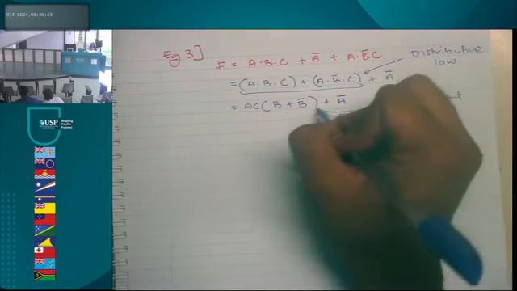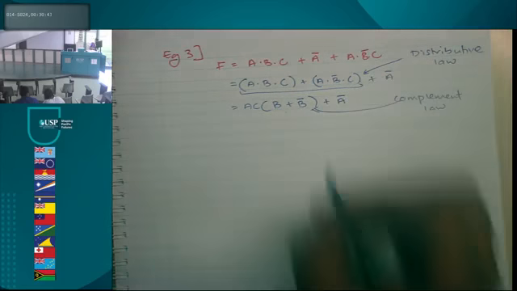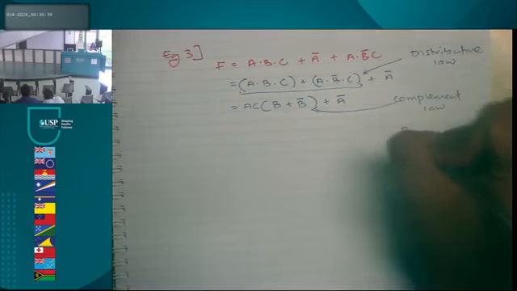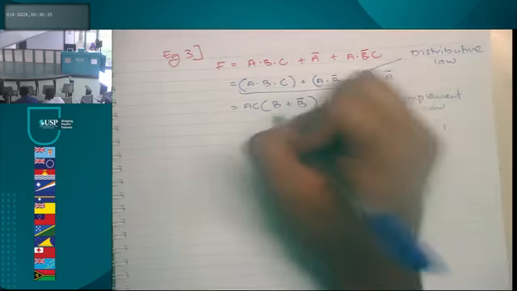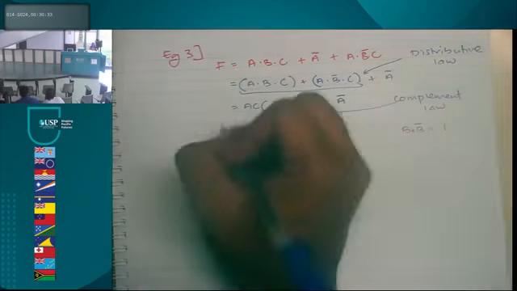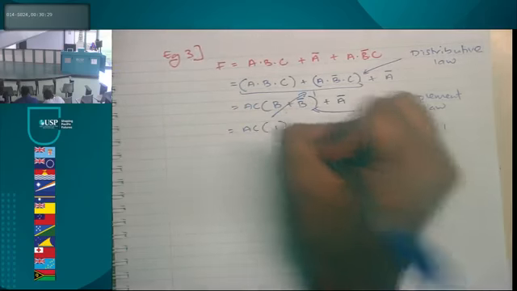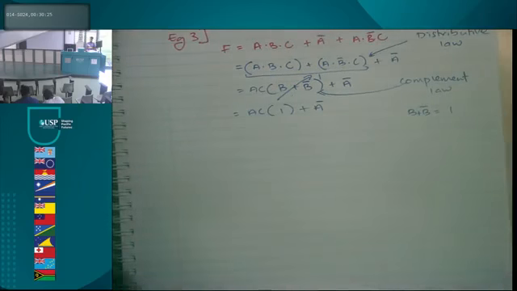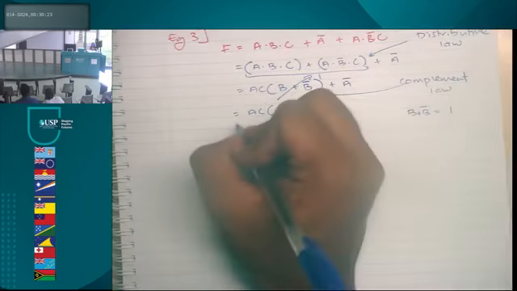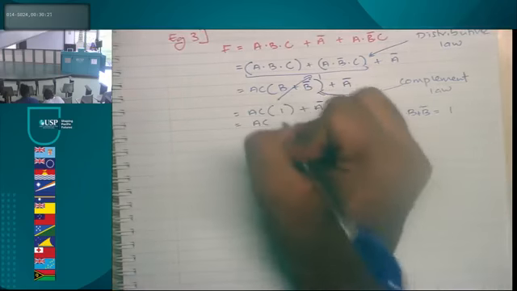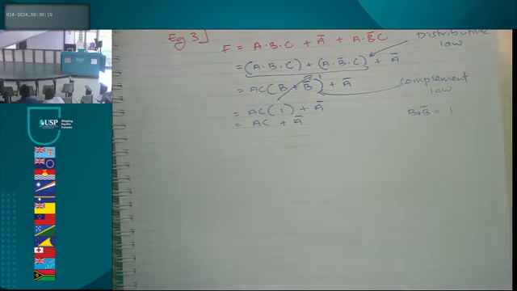Right? This portion. So now it's much simpler. You are left with A and C plus A bar, right?